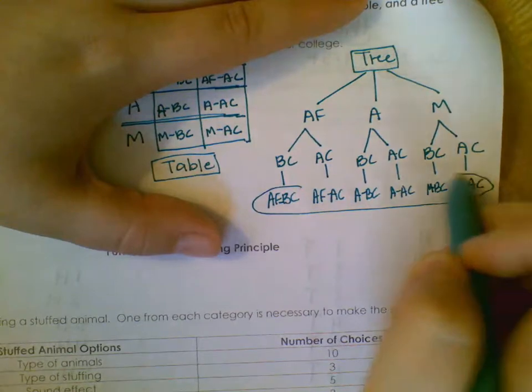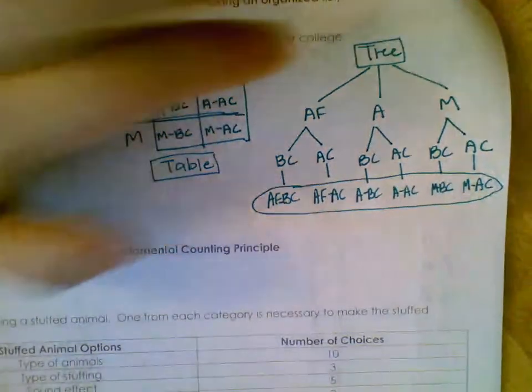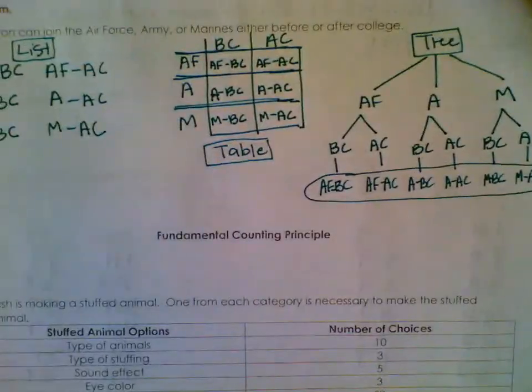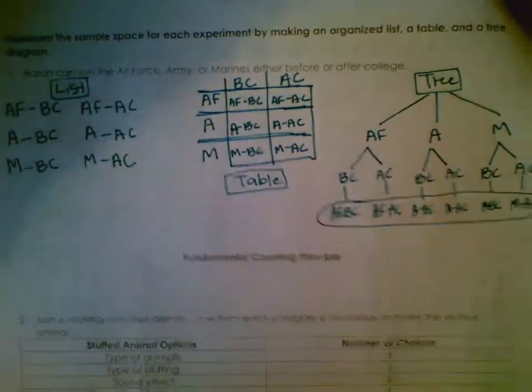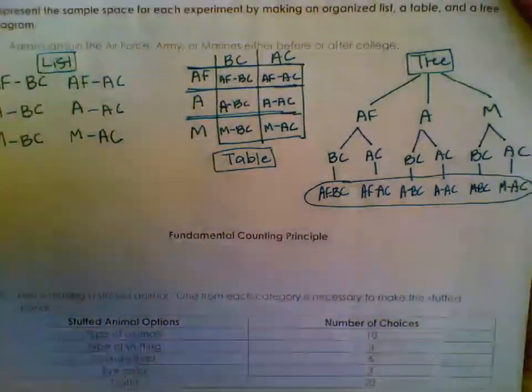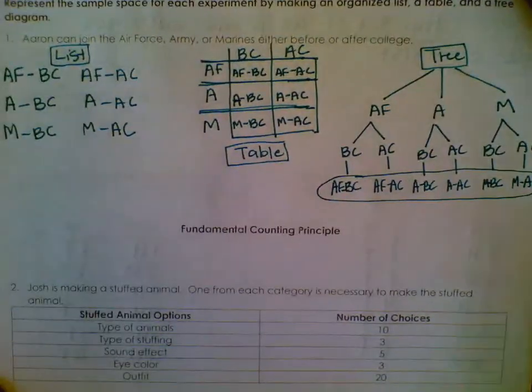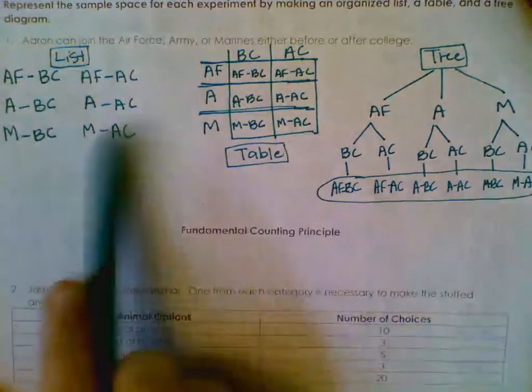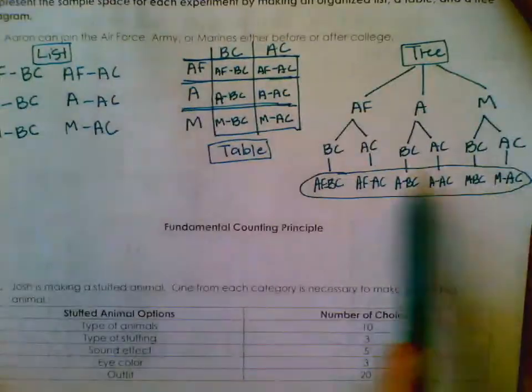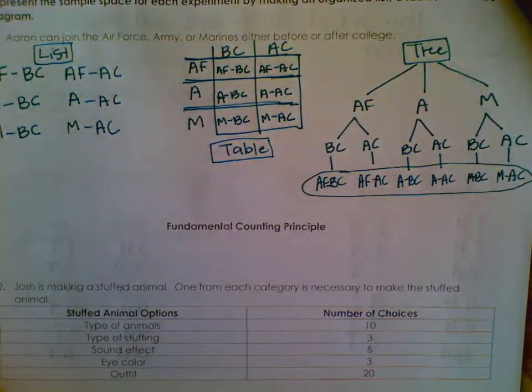There is my sample space. So you can see that no matter which way you do it, I did ask you to do all 3 on this problem, but no matter which way you do it, you end up having all of the possibilities listed. There are 6 possibilities, and you get all 6 no matter which way you do it.